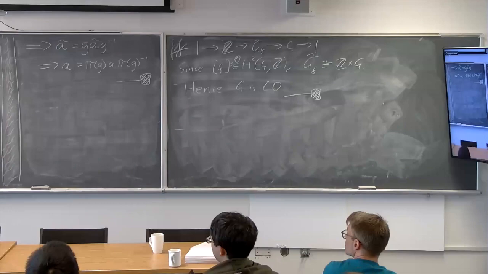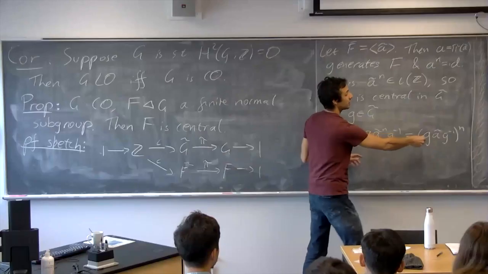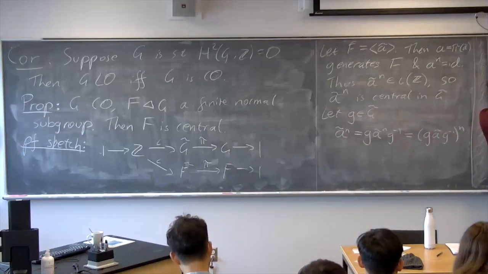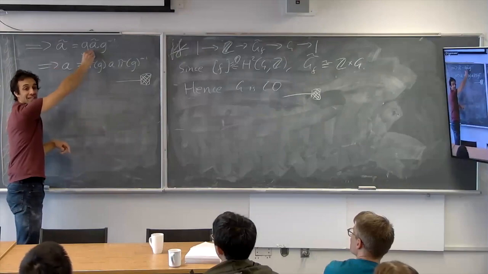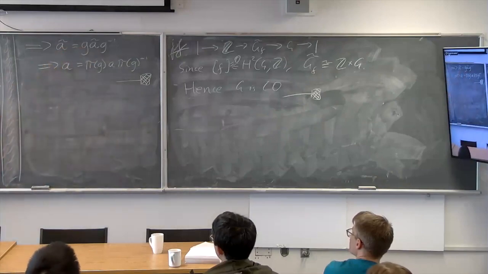So g A tilde g inverse is also in F tilde. Yes, there is a gap there. Sorry, I misunderstood your question. So this is central, so we know that's there. This is an element of Z, exactly. So you've got two roots inside Z of A tilde to the N. They have to be equal. Z being F tilde.